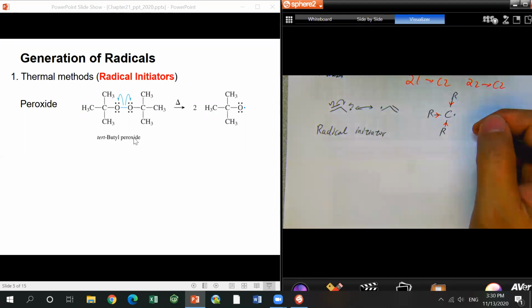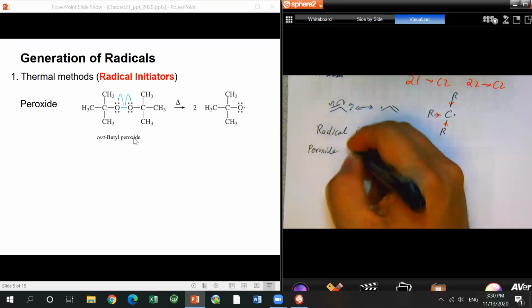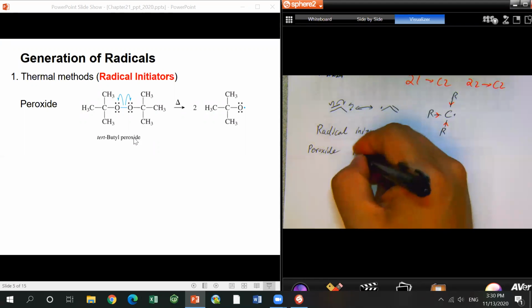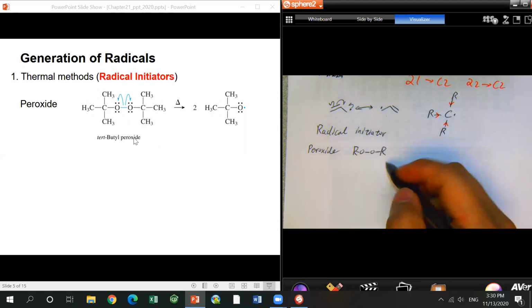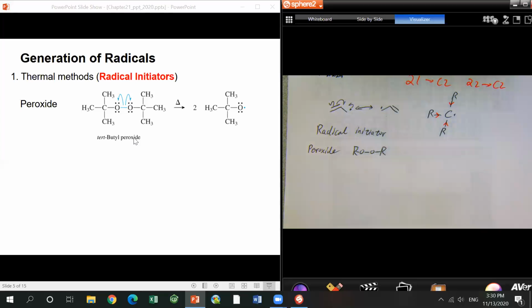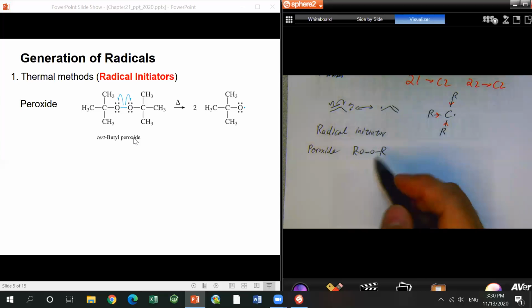So there are two kinds of initiator. One is peroxide. Peroxide has this kind of structure: there are two oxygens in the middle and two R groups. The bond between the two oxygens is normally quite weak, because the oxygens are strongly electron withdrawing and can break this bond easily.